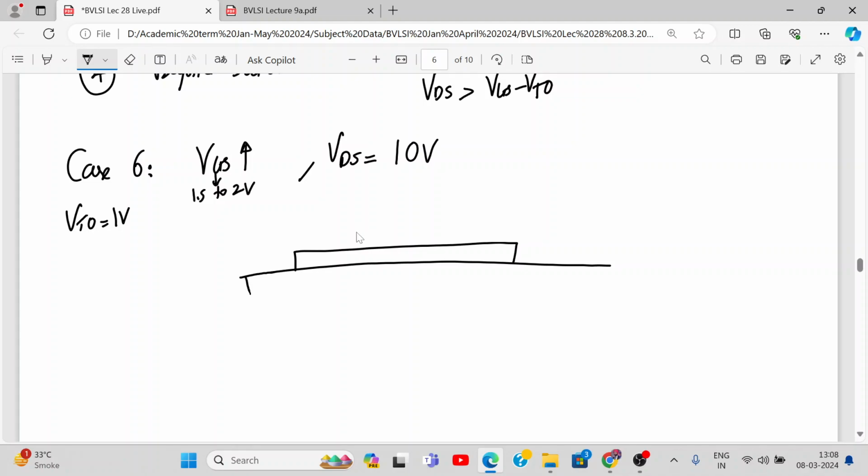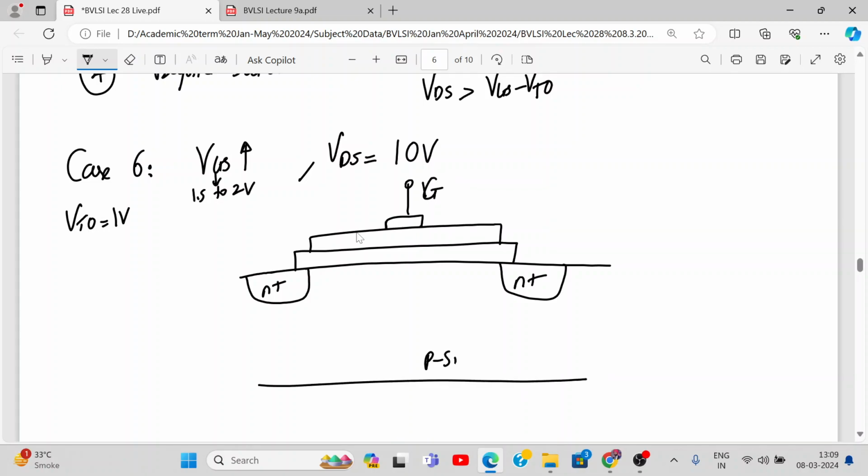Okay, this is n plus, this is the gate terminal. Remember this, don't lose track. Now this is the oxide layer, of course. This is my drain, this is my source, and the body terminal I am not showing. Now tell me what will happen.